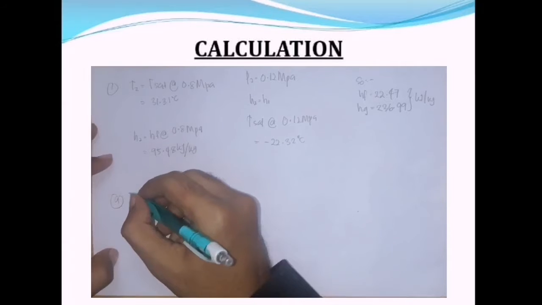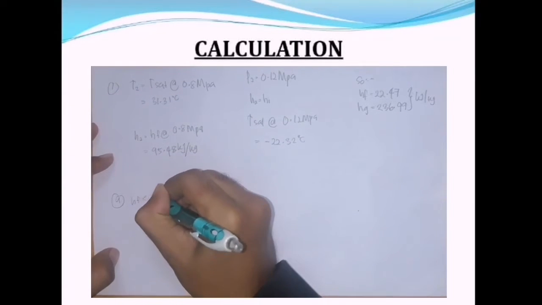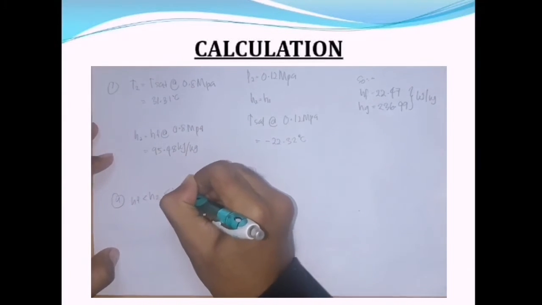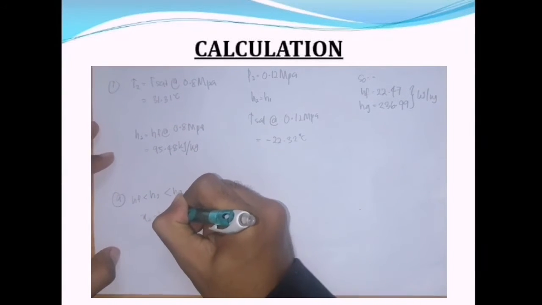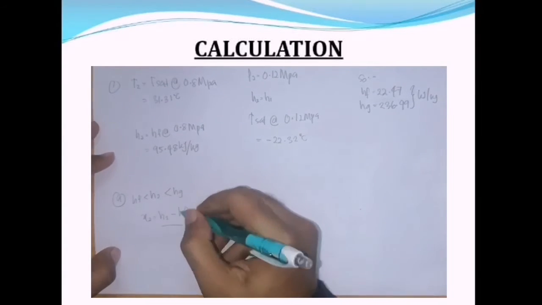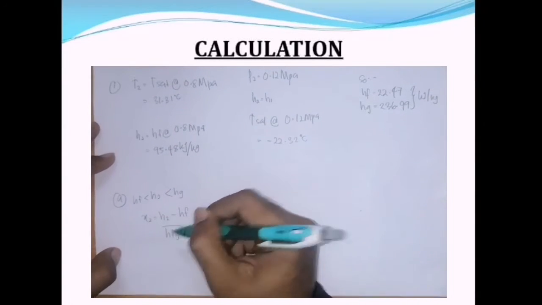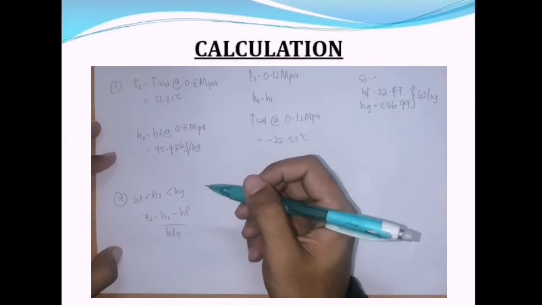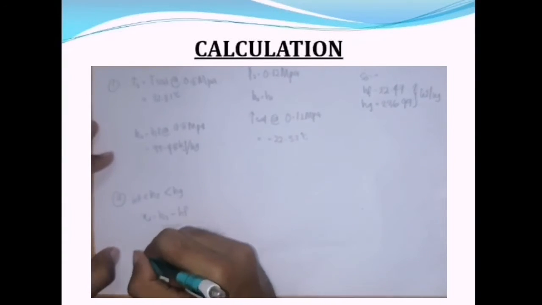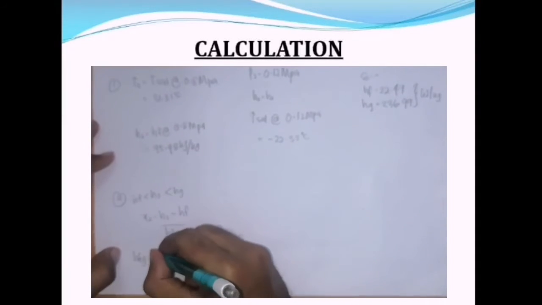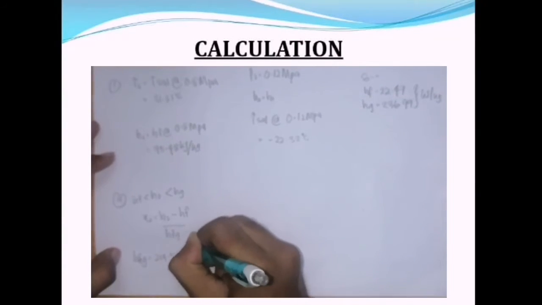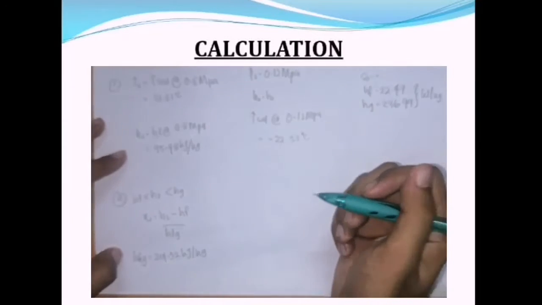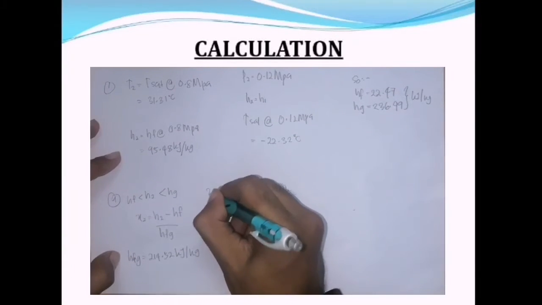Then we go to the first, that is quality. To get the quality, x2 equal to h2 minus hf per hfg. So hfg we got from the table is 214.52 kilojoule per kg.